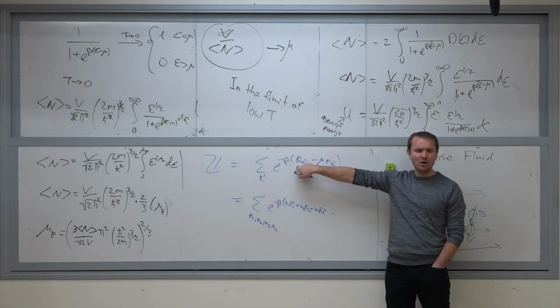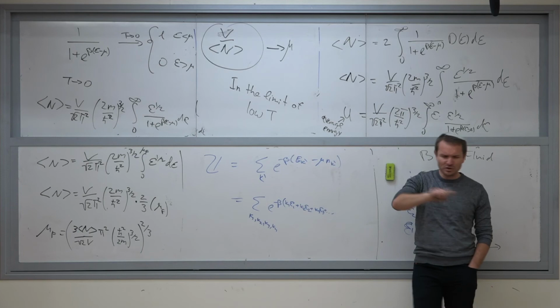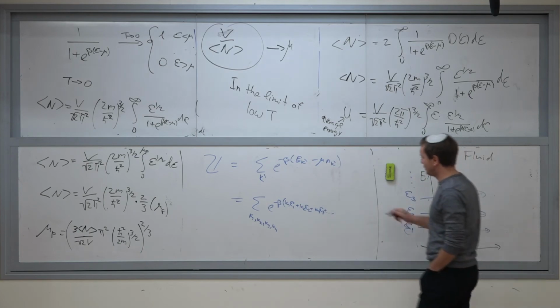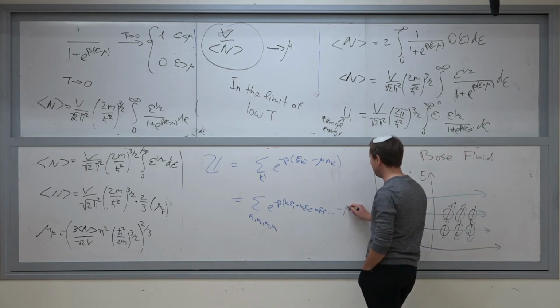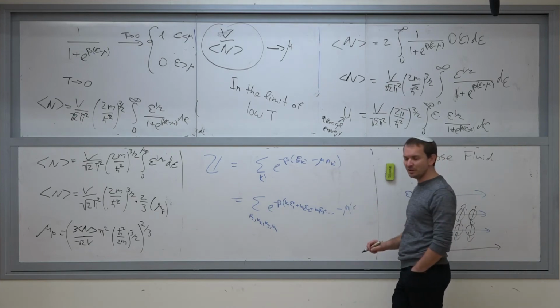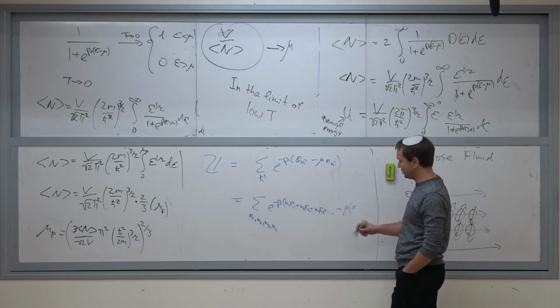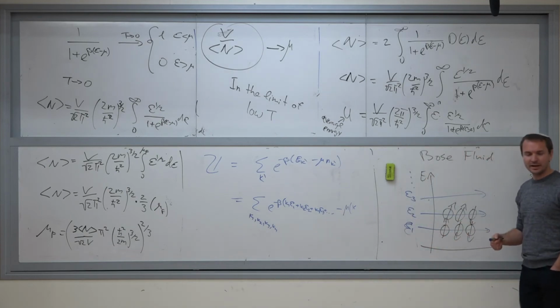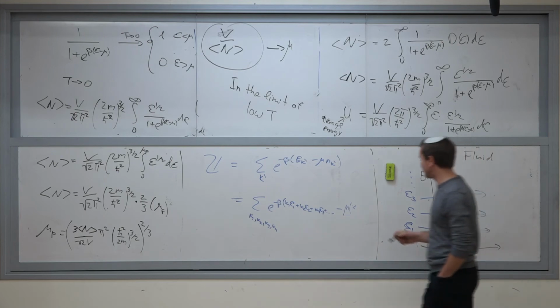Just sum up over all different energies. No interactions between the particles. Minus mu, and what I have here is the total number of particles at this specific state, which is the number of particles at epsilon 1, the number of particles at epsilon 2, the number of particles at epsilon 3.